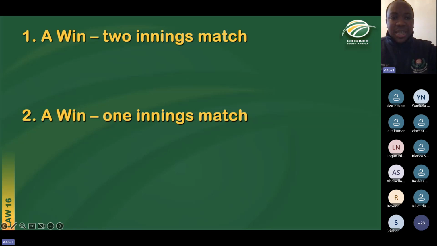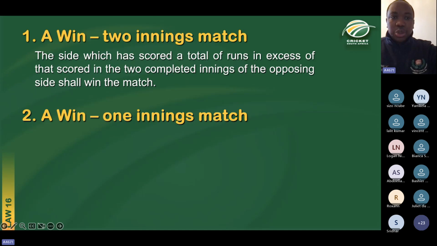Abdullah has mentioned that a match can either be a 2 innings per side match or a 1 innings per side match. So a win in a 2 innings per side match occurs when the side which has scored a total of runs in excess of that scored in the 2 completed innings of the opposing side shall win the match.